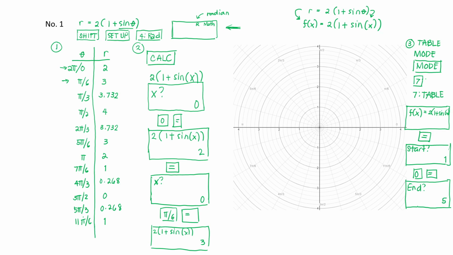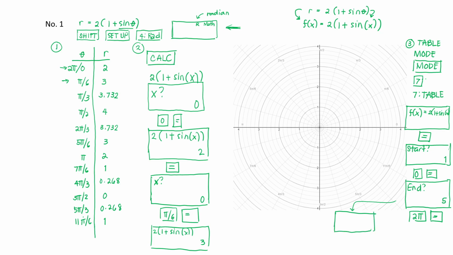So let's say if you want 2 pi, you can put 2 pi and then equal sign. After plugging in 2 pi and then equal sign, what will appear next is it's going to ask for the step.